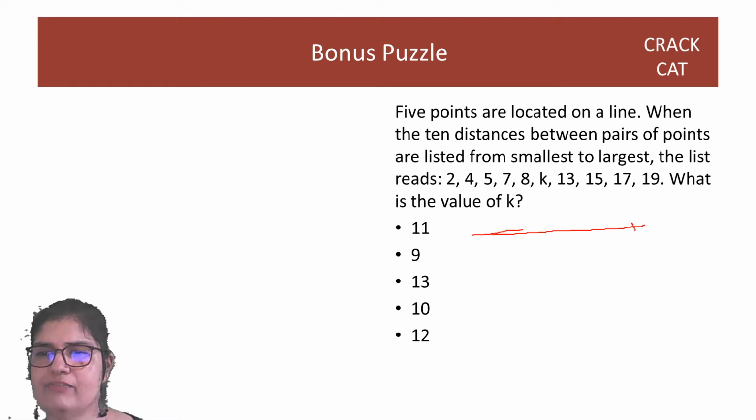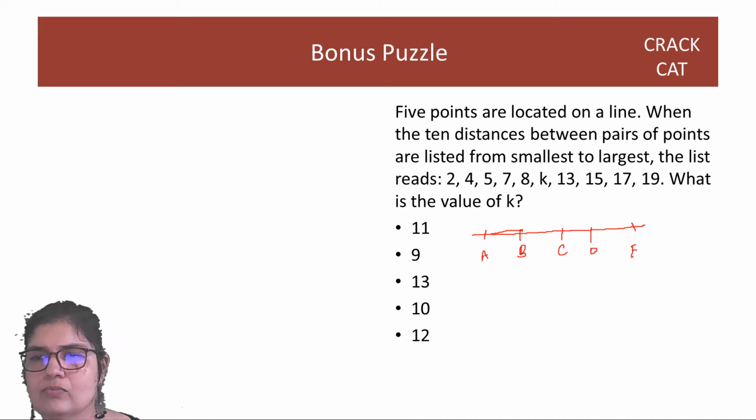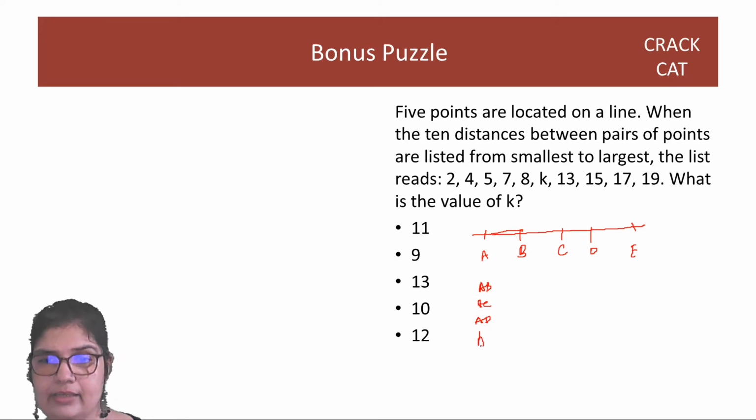Okay, so let's say you have 5 points. I'm calling these points A, B, C, D, and E. So starting from A, you have 4 distances AB, AC, AD, and AE, right? Then starting from B, you have 3 distances BC, BD, and BE.